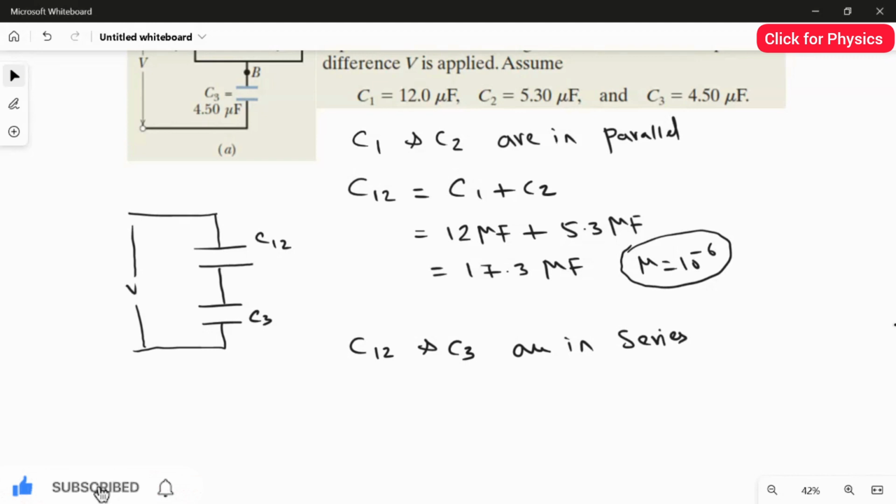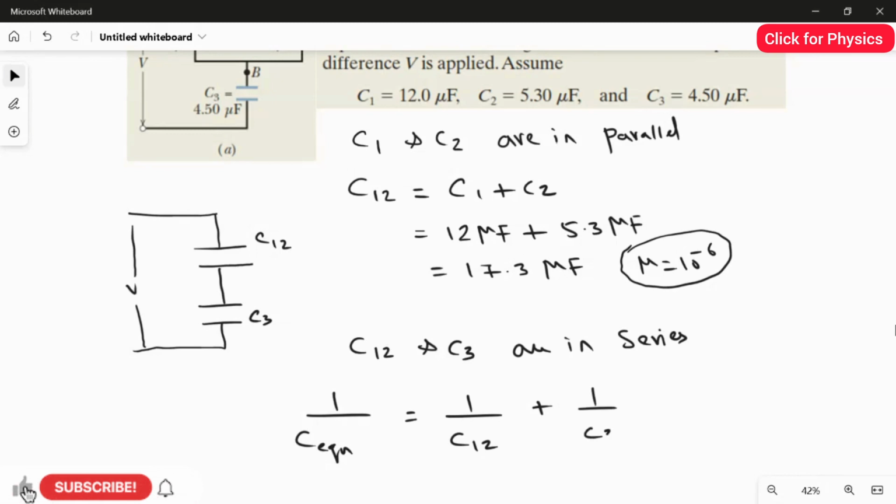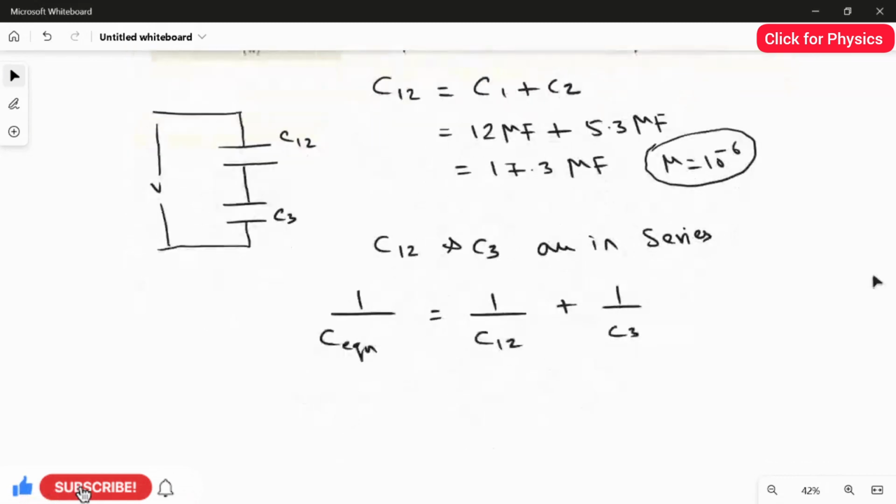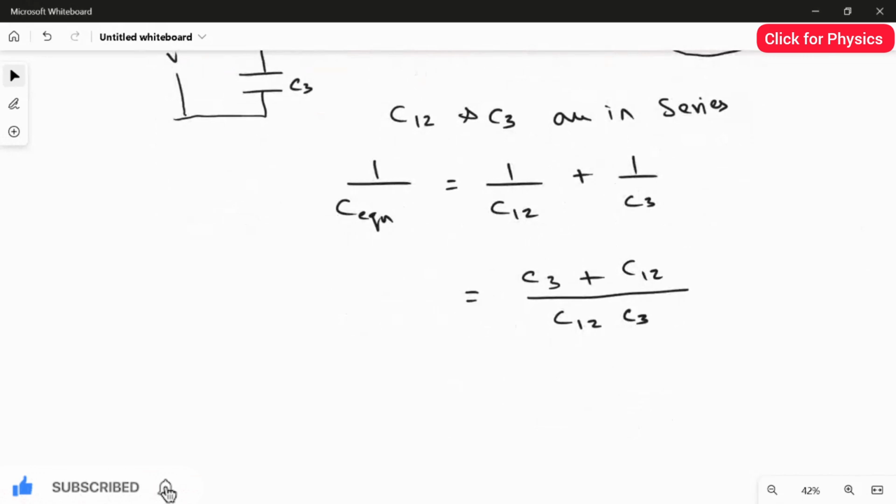What is the rule for series? 1 over C equivalent is equal to 1 over C12 plus 1 over C3. Here C equivalent is for all the three, right? So now we have to apply the rule. I am going to take the LCM: C12 multiplied with C3 in the bottom, and on the top you have C3 plus C12. Now you can see the left-hand side is 1 over C equivalent, which is a combination of 1, 2, and 3.